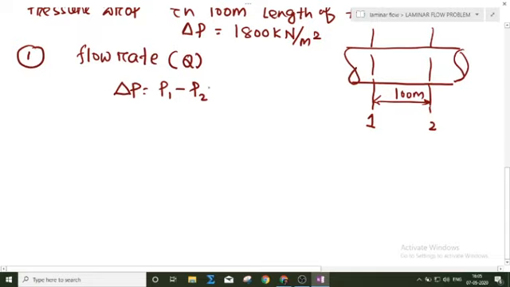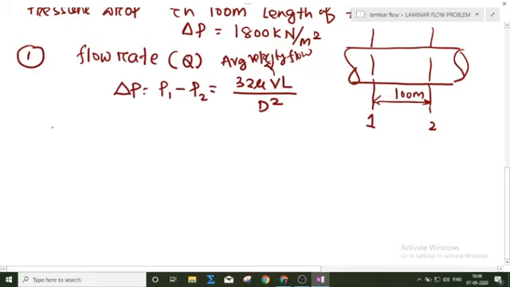So I can write P1 minus P2. Already I derived one formula. What is the pressure drop formula in laminar flow? That is the Hagen-Poiseuille formula: 32 mu V L divided by d square. What is this V? This V is called the average velocity of flow.